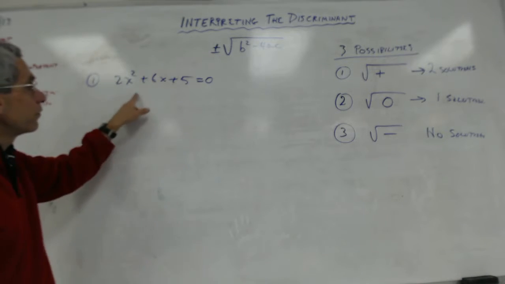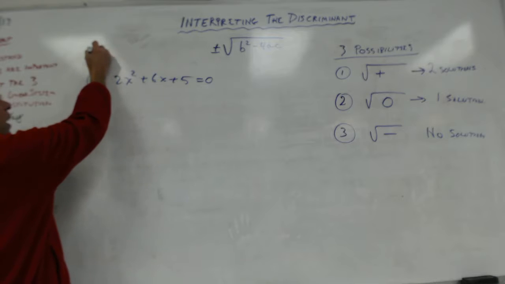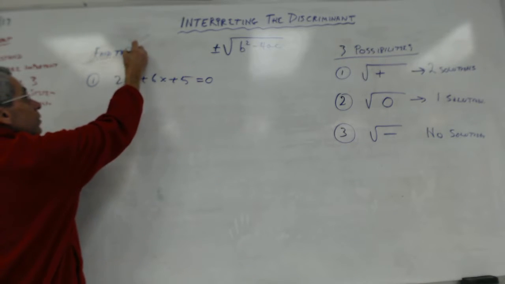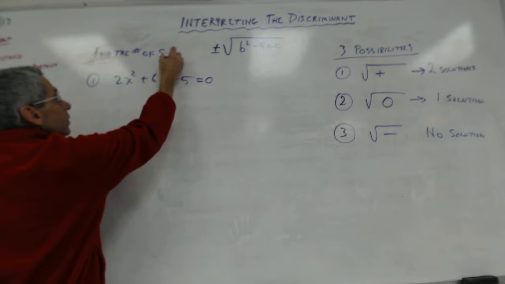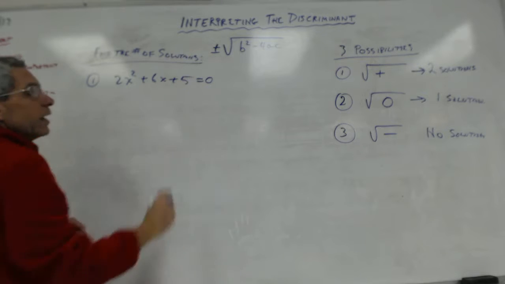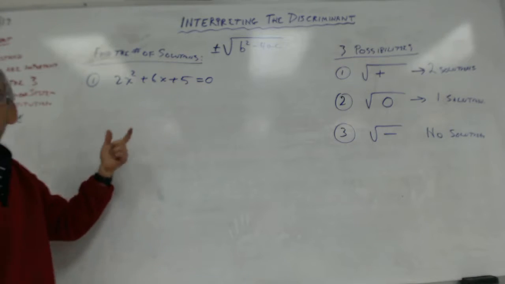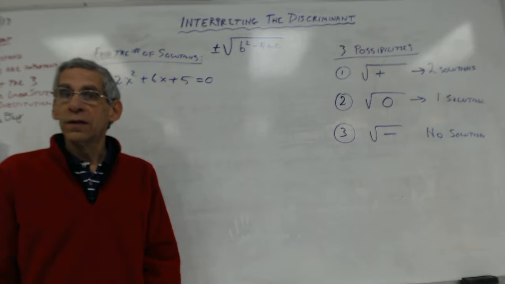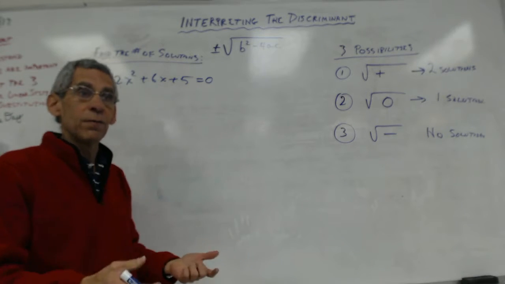You won't be asked to find the zeros. They'll just say, find the number of solutions. It's kind of a weird question, but sometimes that's all they want to know. They don't want to know what the answers are, they just want to know how many.